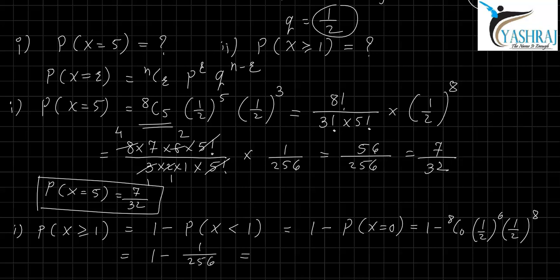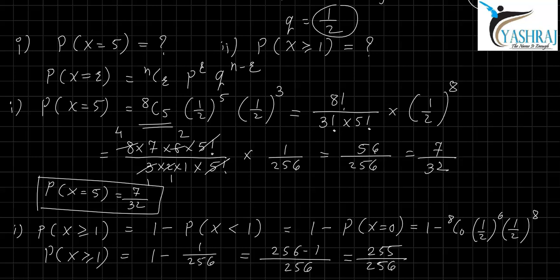By cross multiplication we get 256 minus 1 divided by 256, which is 255 divided by 256. So the probability of getting at least one head is 255 divided by 256.